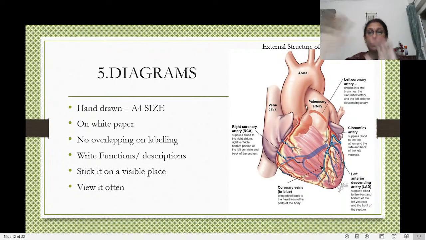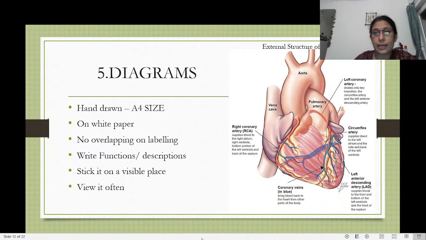Once the diagram is over, stick it in a visible place, maybe a wall, near your mirror, or near the study table where you study, so that you see it often. The more often you see it, the better you will remember, and it will just stick to your mind.